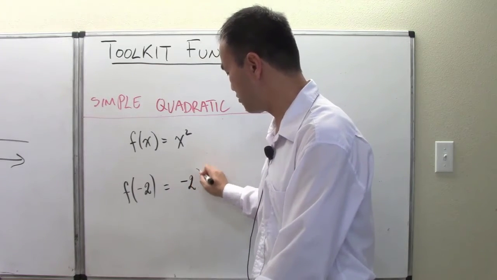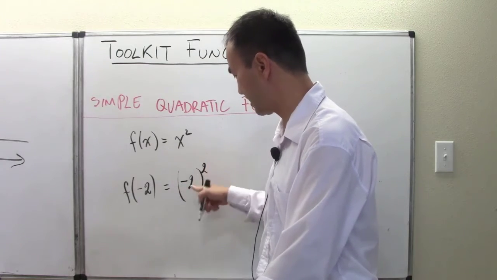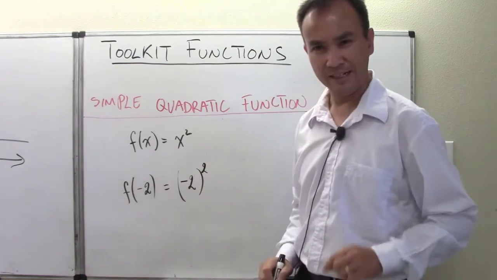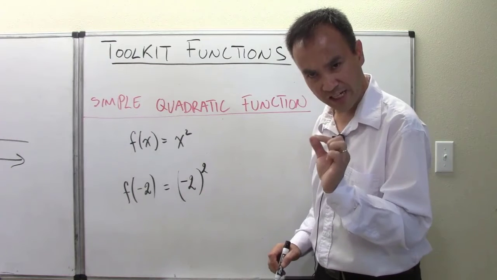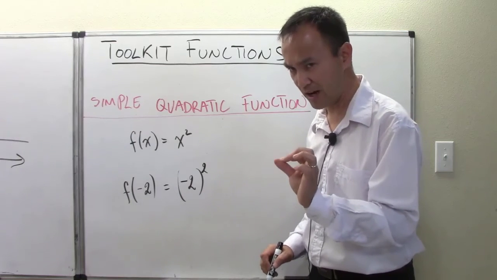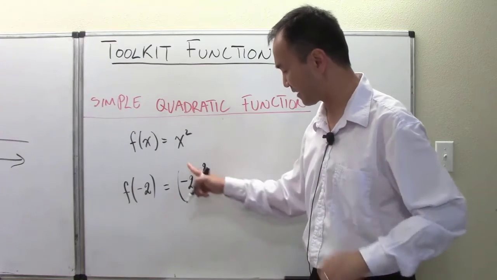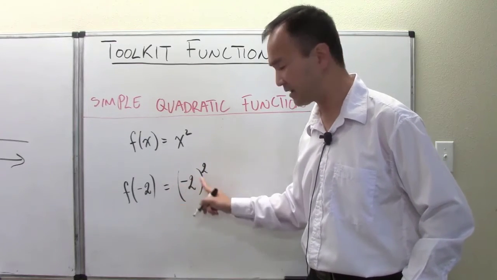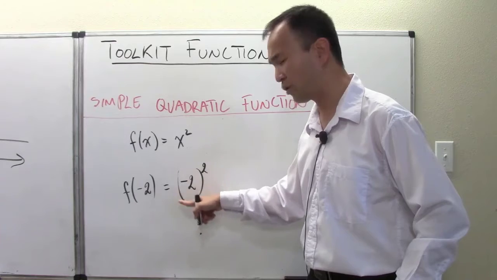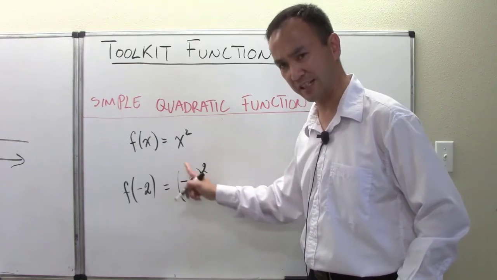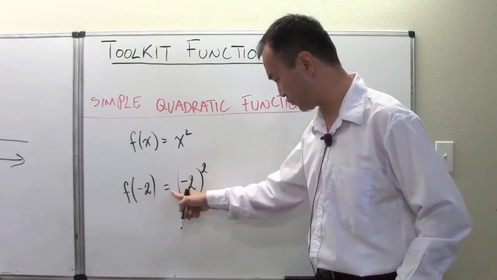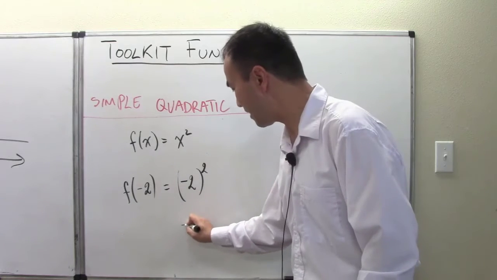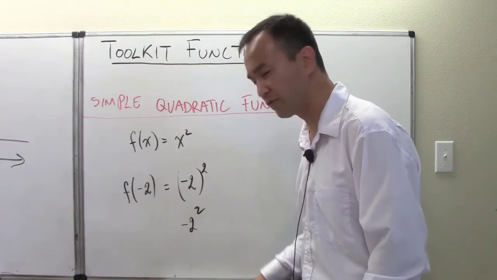So minus 2, but the rule says we square that, and that's why I put parentheses around. Now, in my teaching experience, be careful with this, and that's why I was saying out loud earlier, I highly recommend to put negative inputs, or all inputs, in parentheses, okay? Because in a case like this, what happens if you skip the parentheses and you write like this?